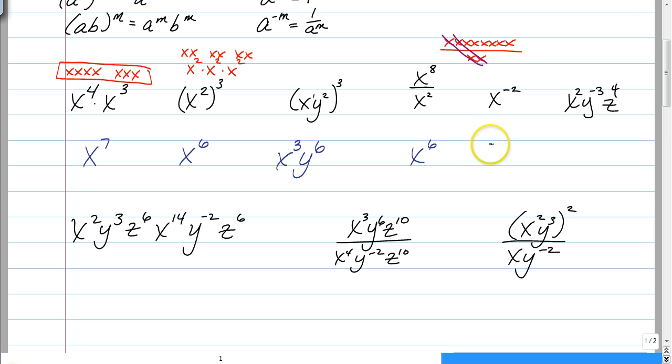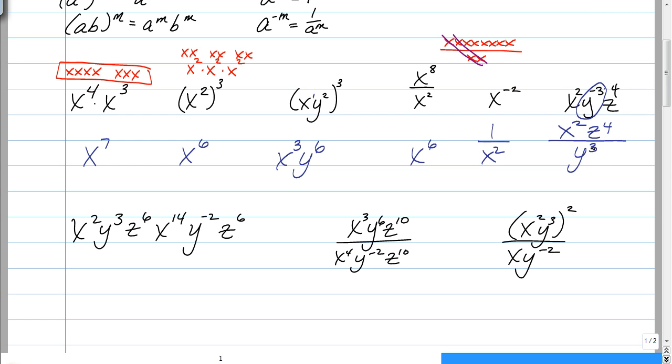So a negative exponent is just a reciprocal, so this just becomes 1 over x squared, and that's it. You leave it alone. So now we have a variety of variables here, and we're going to have x squared on top, and we have z to the fourth power on top, but this y, he's negative. He's unhappy. He wants to be on the bottom, so he becomes y cubed.